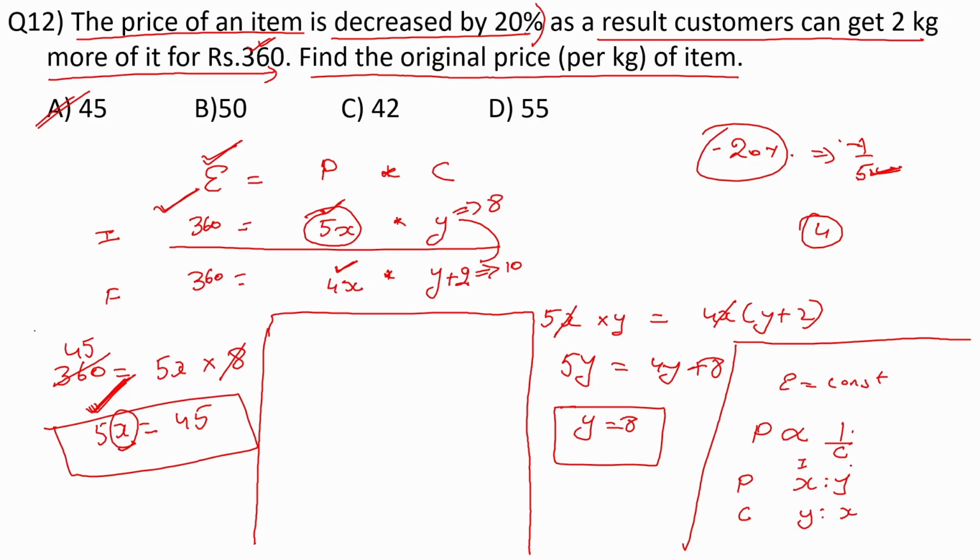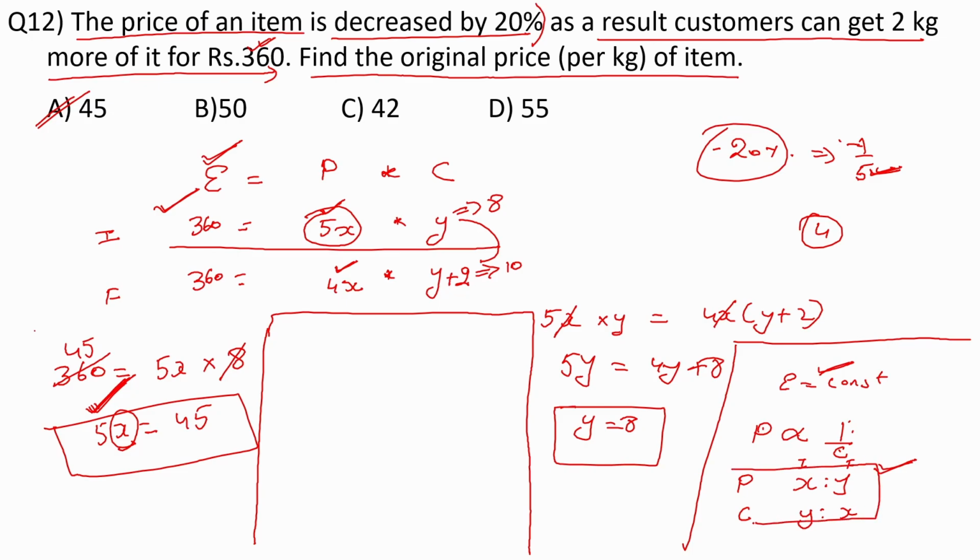This is initial and this is final. When the value of expenditure is constant, price is inversely proportional to consumption. So if the ratio of price initial to final is x is to y, then the ratio of consumption would be reciprocal to that. That would be y is to x.